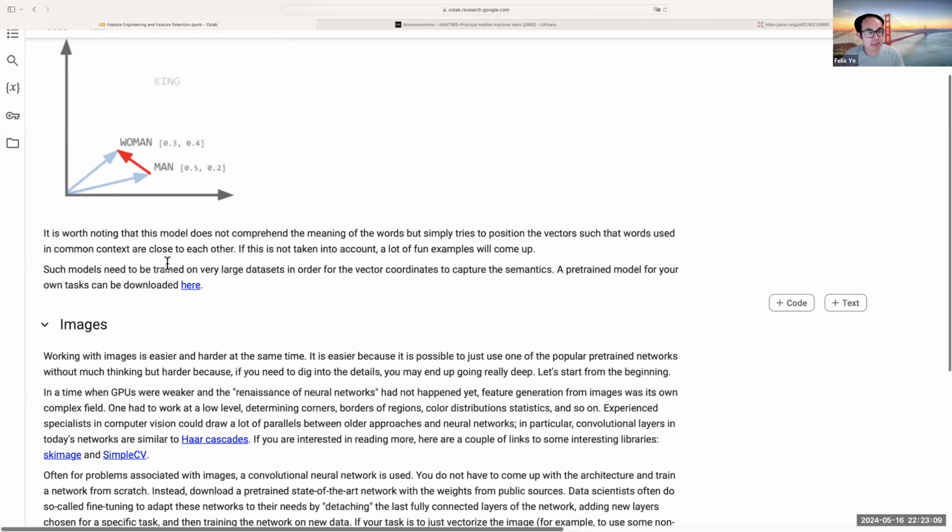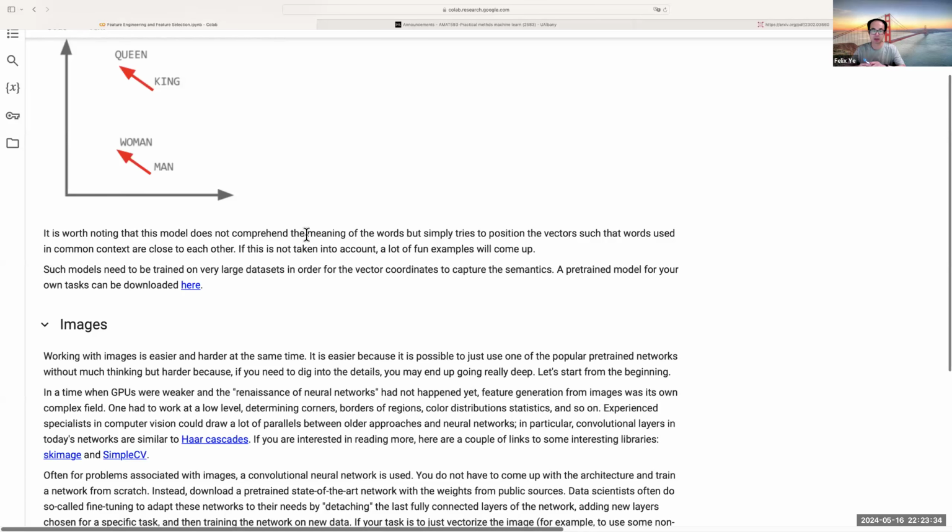But I want to emphasize that this model is not trying to comprehend the meaning of the words. It simply tries to position vectors of words that are used in common contexts close to each other. It doesn't mean you will always get this kind of nice result.